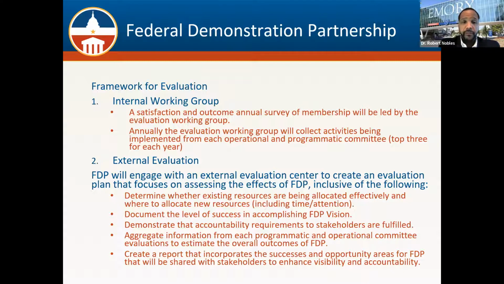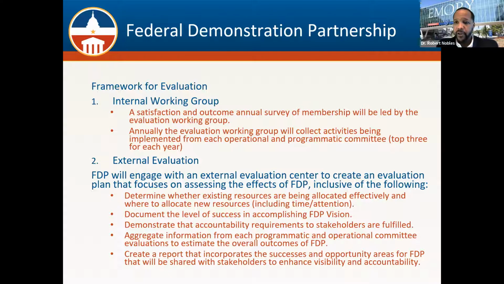We also need to engage directly with operational and programmatic committees in understanding and making transparent the goals that they have annually, and then conducting measurement on if they have reached their goals.